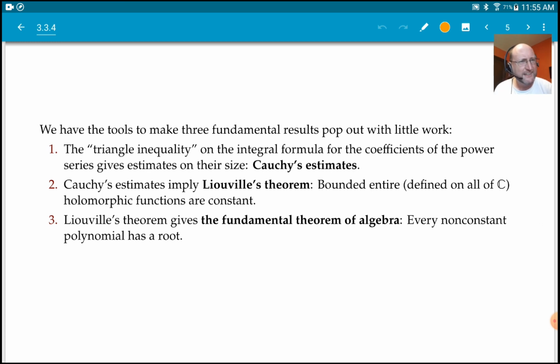Right? Just an interesting sequence of steps. But it's a very simple proof once you have Liouville's theorem to show the fundamental theorem of algebra, which in some sense, the more I think about it, is really a fundamental theorem of complex analysis. It really has to do with how complex numbers work.